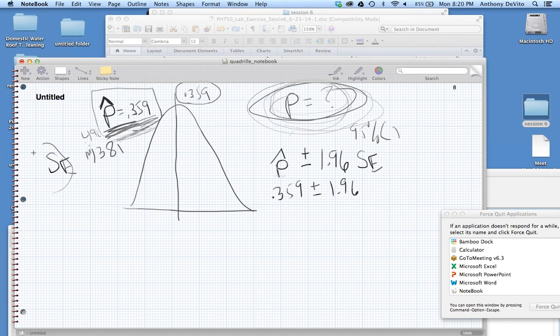So now, how do I calculate my standard error? Anybody remember the formula from the lecture that Levi used for calculating the standard error of a proportion? Again, it's still a sample, but instead of being a numerical value, it's a proportion. It's the percentage of people that met that criteria.